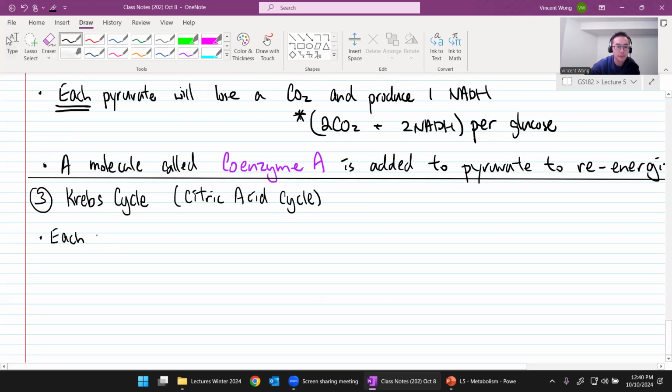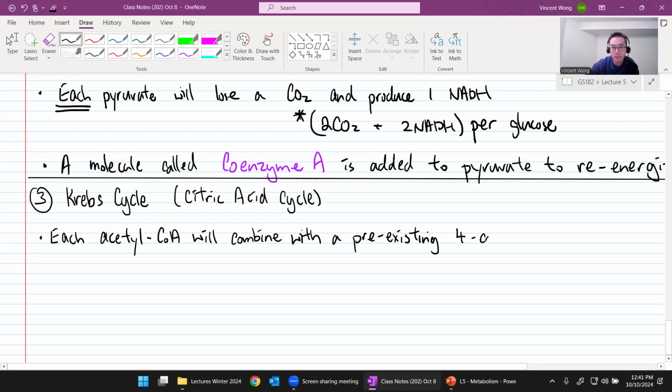Each acetyl-CoA rather, will combine with a pre-existing. It's already there. That's what it means by pre-existing. Pre-existing 4 carbon molecule to form citric acid.